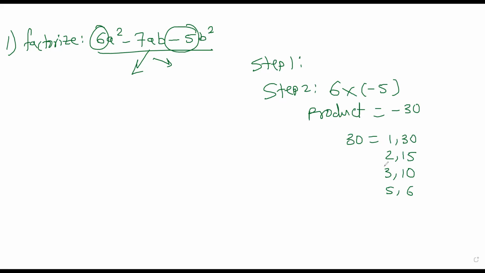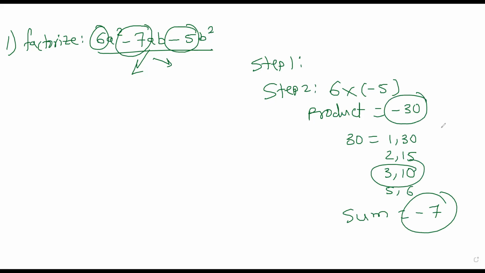Now you have to think of such a pair which will give you sum as the coefficient of the middle term. What is the coefficient of the middle term? -7. Then what are the factors which give you sum as -7? Very good, 3 and 10.